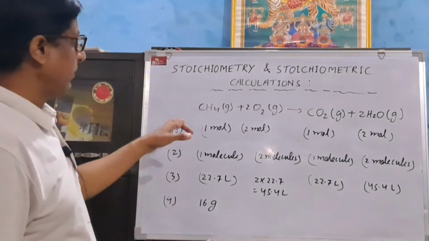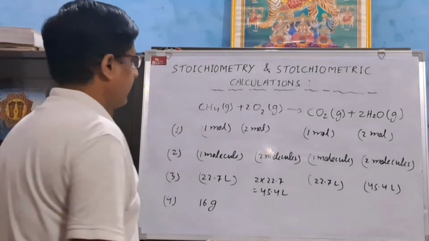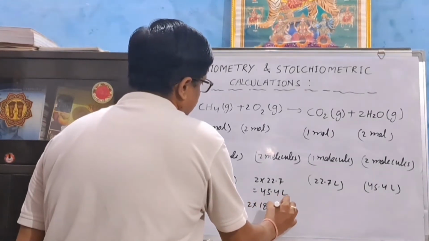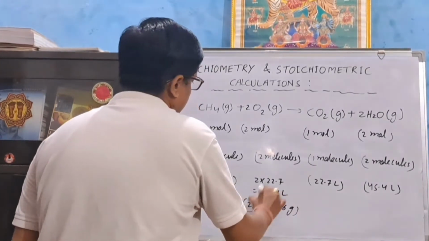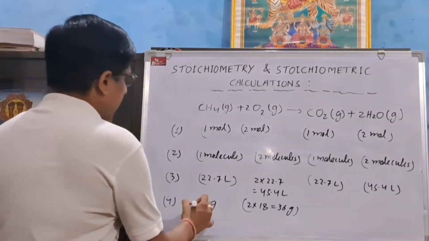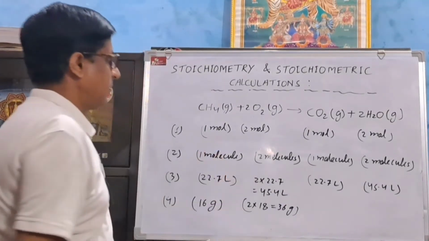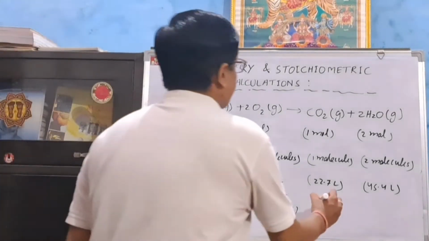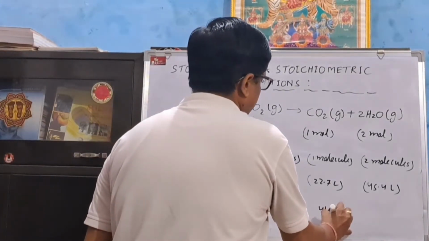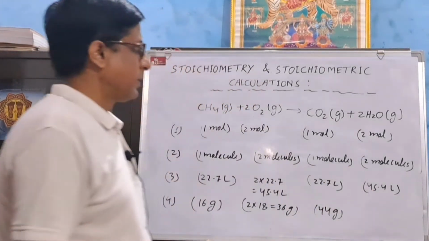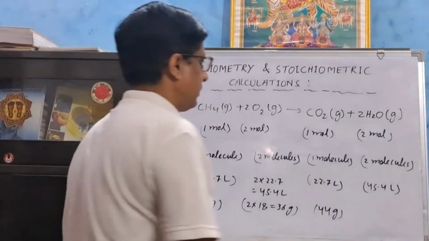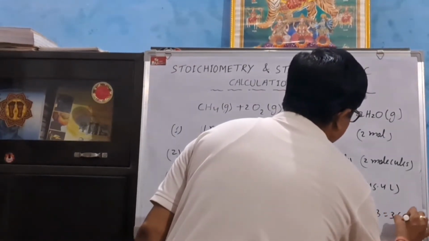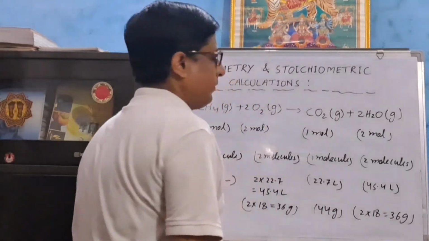Therefore, 16 gram of methane reacts with, in case of oxygen, 2 into 18, which is 36 gram, to produce 44 gram of carbon dioxide and 2 into 18, which is 36 gram of water vapors.